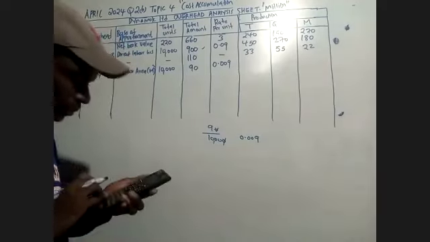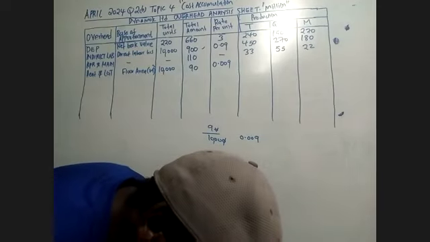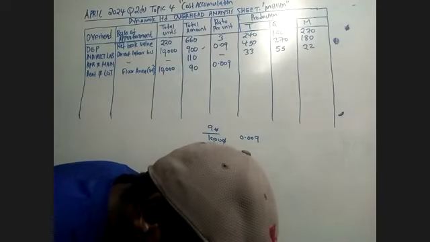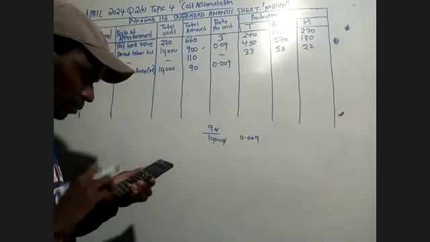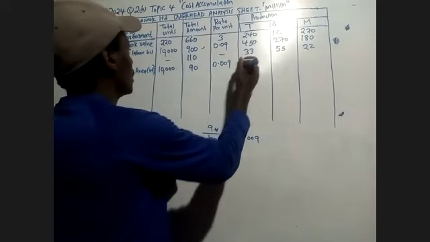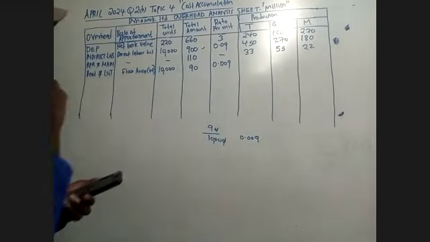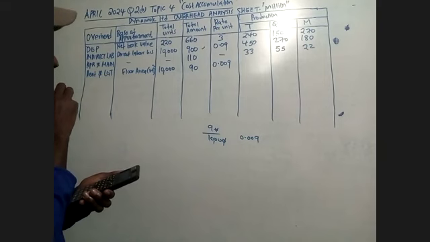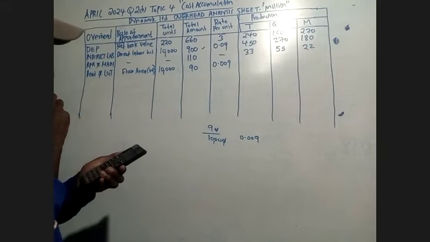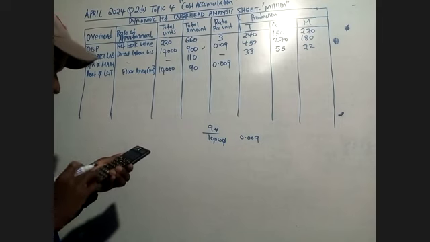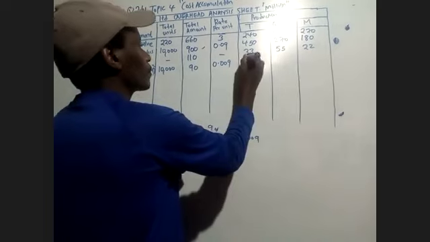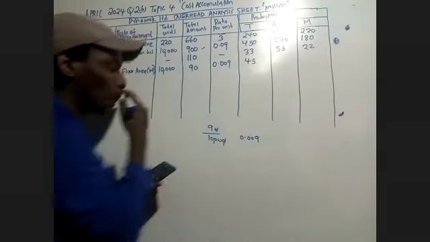Now let's apportion. So the first one was 5,000 times 0.009, which is 45.